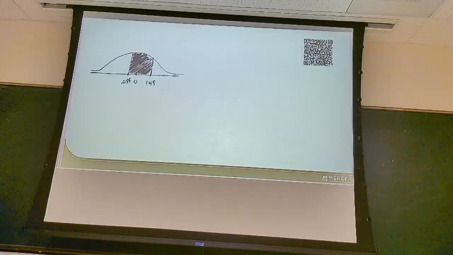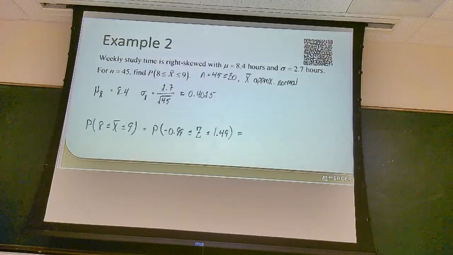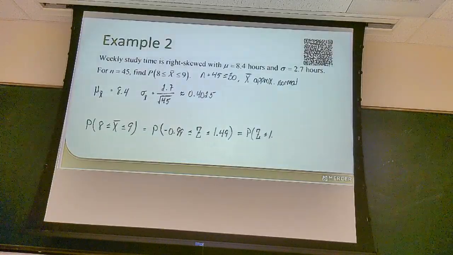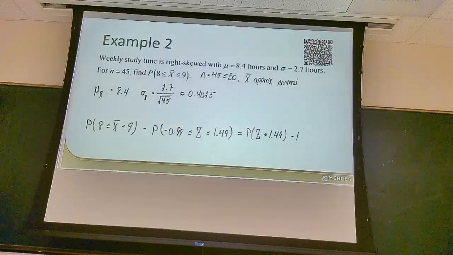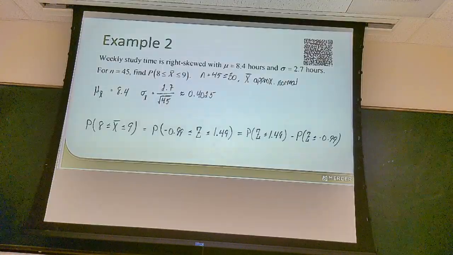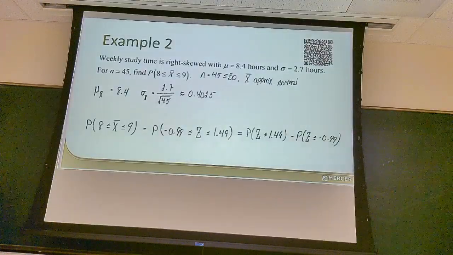The z table only gives us area to the left, right? How did we find an area between the two values? We're going to take the difference, right?